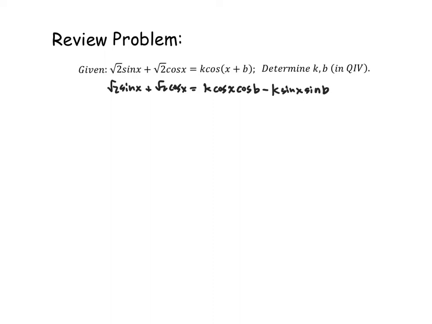Alright, outstanding. Let's set equal terms that contain sine x and terms that contain cosine x. So we would have root 2 sine x equal to negative k sine b sine x.